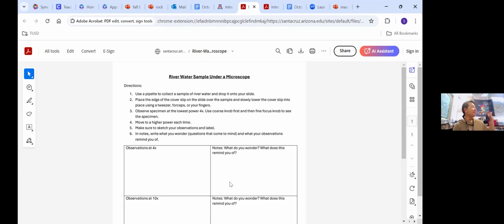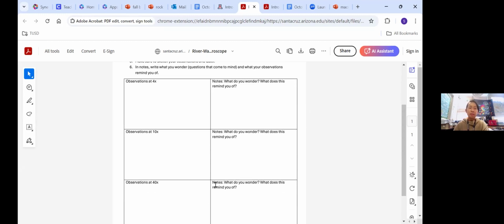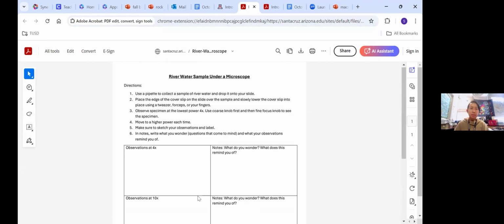You could hear them chatting and shouting out to me, oh miss, this is so cool. And the pictures that they drew came out really good. I had them still do the same thing, look at 4x, 10x, and 40x, and then answer these questions. This went well.